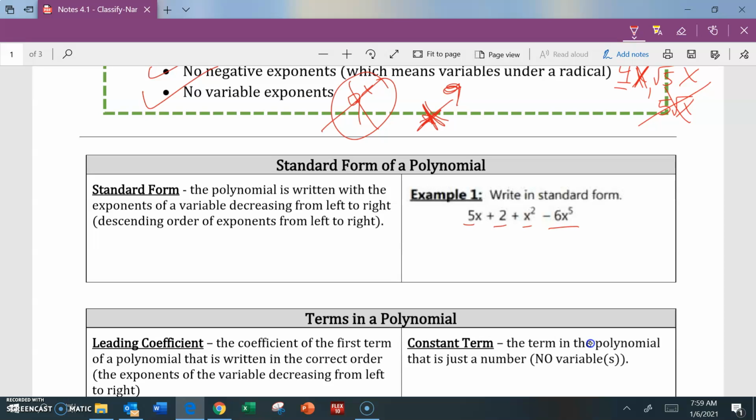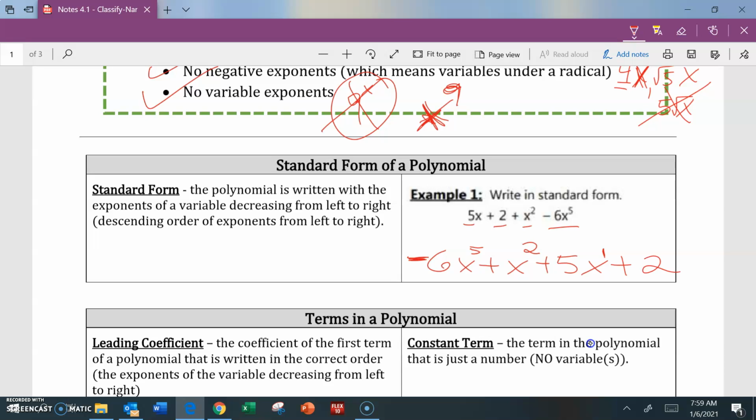And to put that in standard form, I'm going to look at my highest exponent, which is this x to the 5th term. So in standard form, we would have negative 6x to the 5th, and then plus our term that has x squared, because that's the highest, then plus 5x to the first, which you don't see, but it's really there, and then the constant always goes at the end.